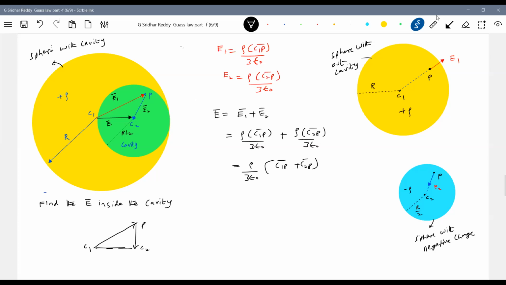And what is the resultant vector? C1P bar plus C2P bar minus C1C2 bar equals 0. If you move from tail to head, it is positive. From head to tail should be negative. So therefore, C1P bar plus C2P bar should be equal to C1C2 bar.